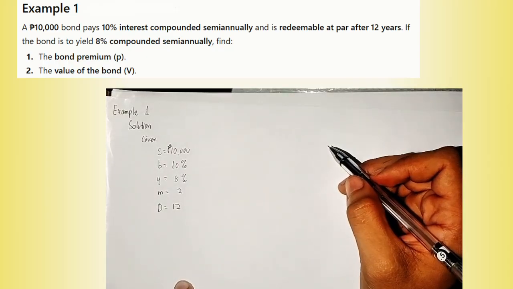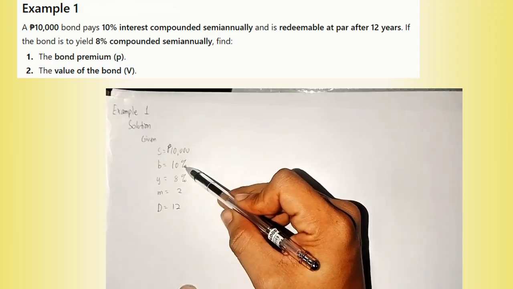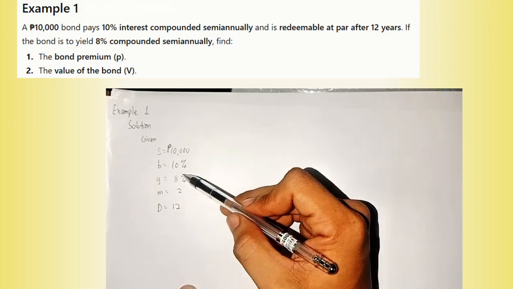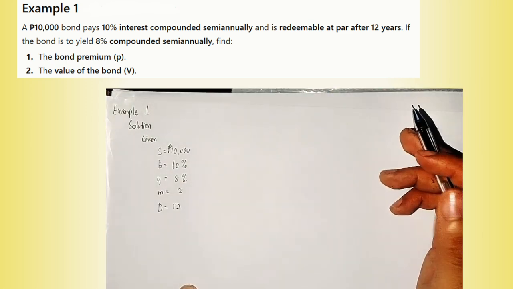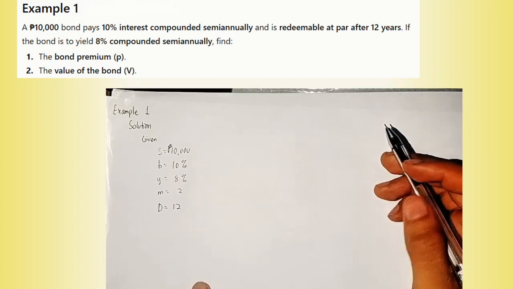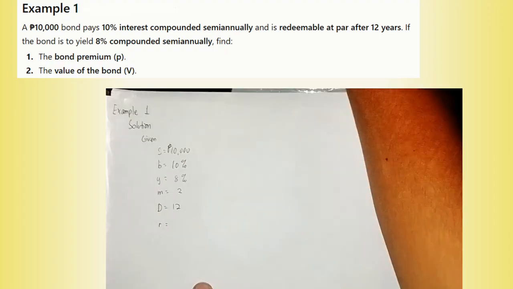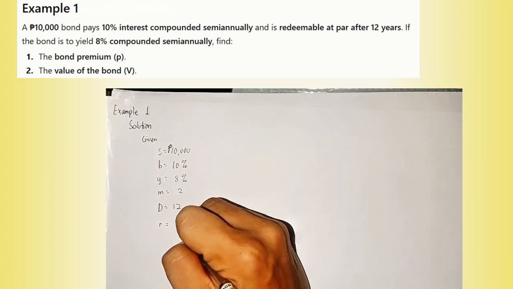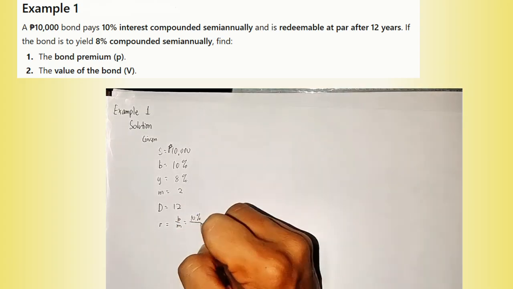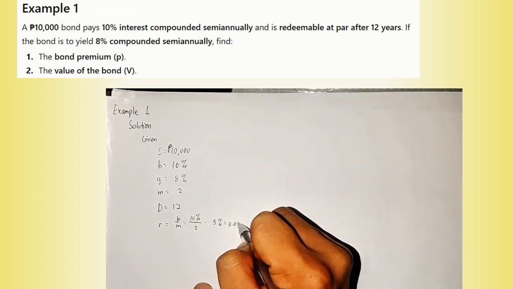As you can observe, B is greater than Y. Now, let's find the value of R and I. R, the coupon rate, is B over M, 10% over 2. Basically, it is 5% or 0.05.